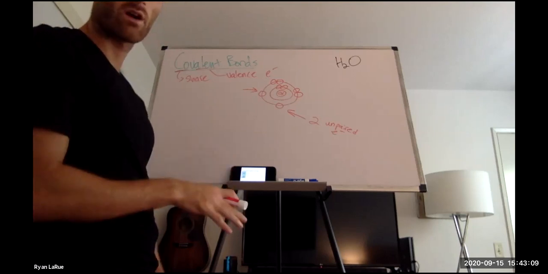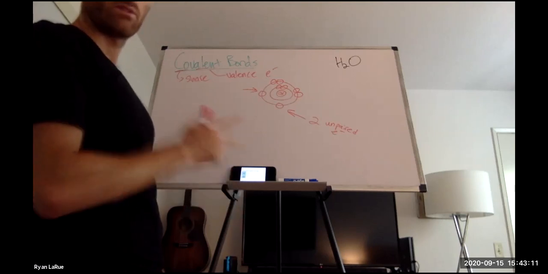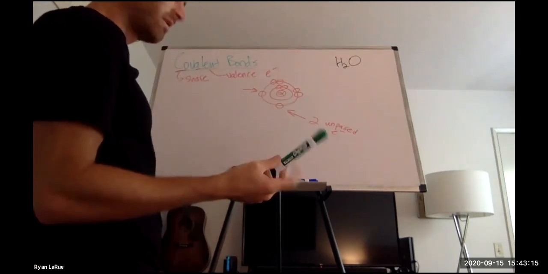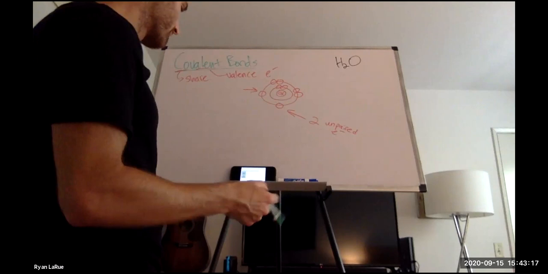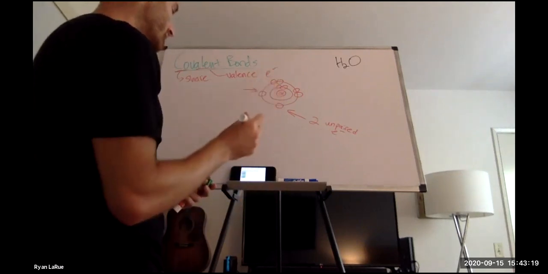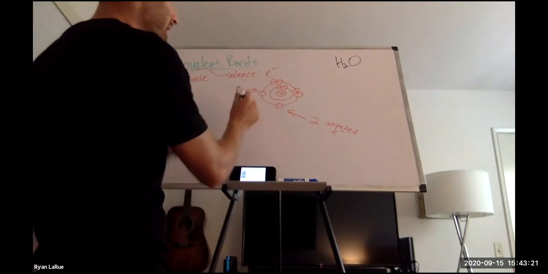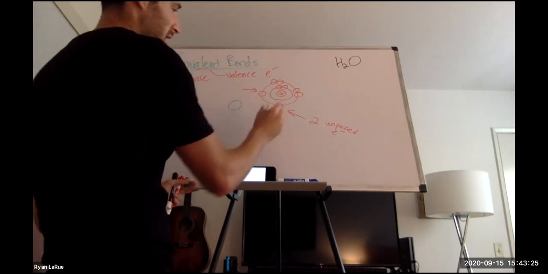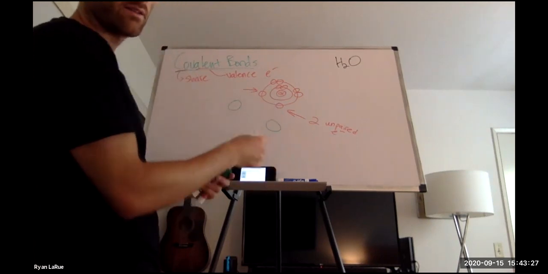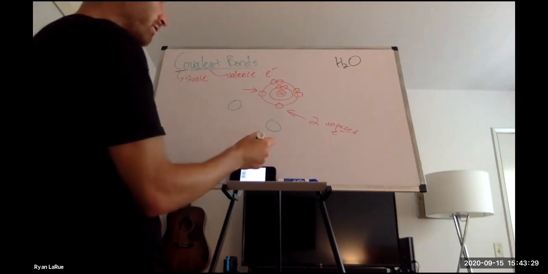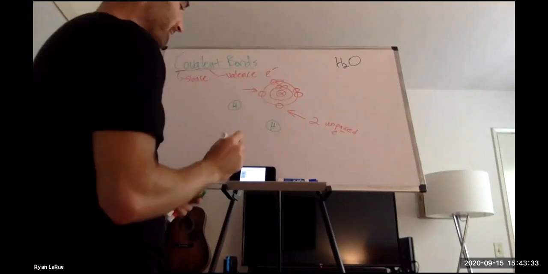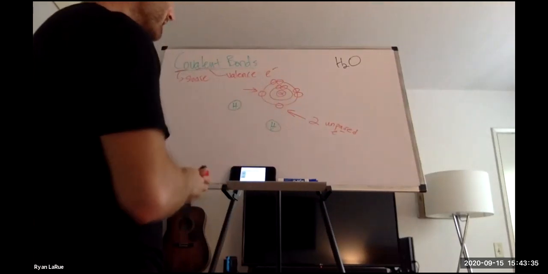Okay, let's draw the 2 hydrogens. I'll do that in green. And I'm going to draw them close by, starting with their nuclei, which is plural for nucleus, for the atoms. Just put an H in them for hydrogen.